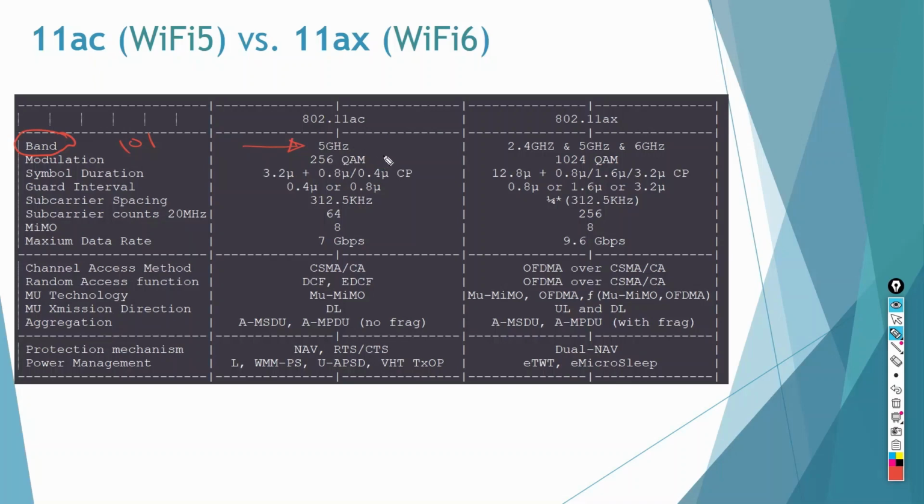Basically here 256 equals 2 to the power 8. That means we can have up to 8 bits per symbol. Same case here, 2 to the power 10 refers to the fact that we can have 10 bits per symbol.